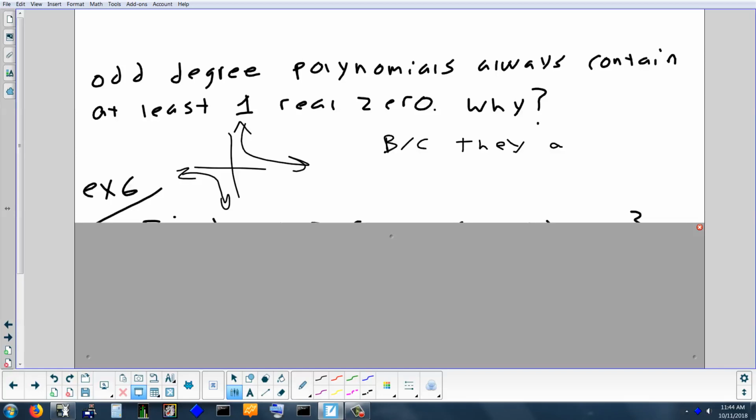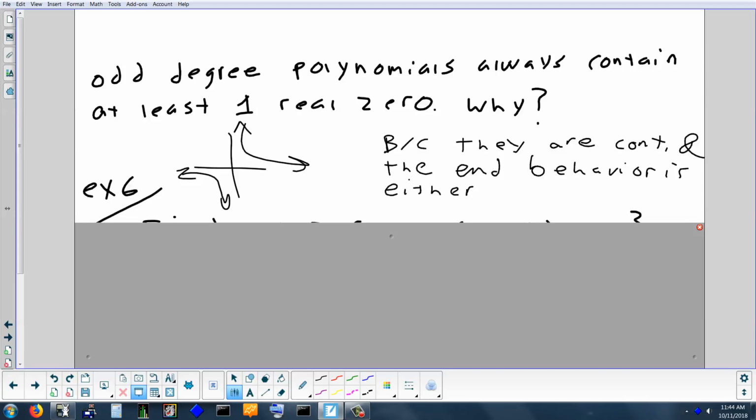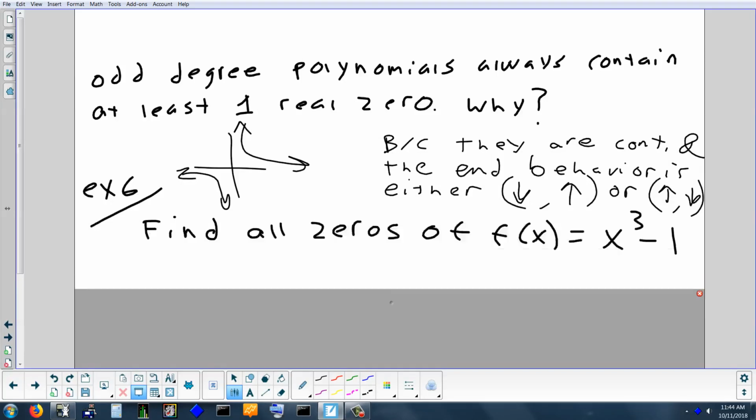Because they are continuous and the end behavior is either one of the following: down up or up down. If something goes up and down forever, whichever end is going up and down, and it's continuous, it has to pass through the x-axis somewhere.